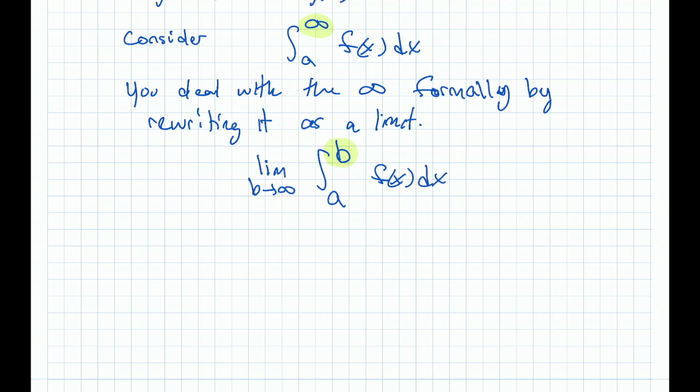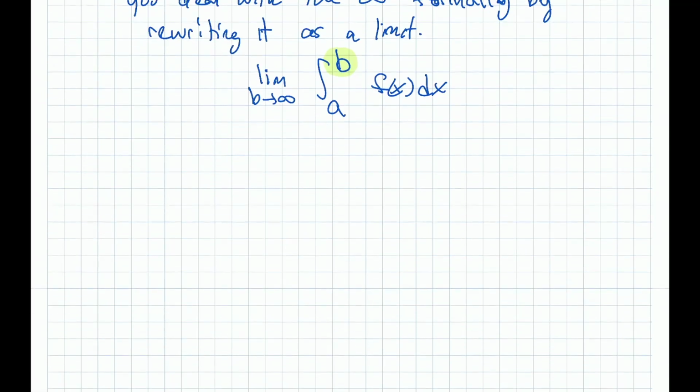And honestly, that's it. Okay, so let's just look at a very basic example of how to do this. If I had the integral from 1 to infinity of, let's just say, e to the negative x dx, then what you would do is you would rewrite.